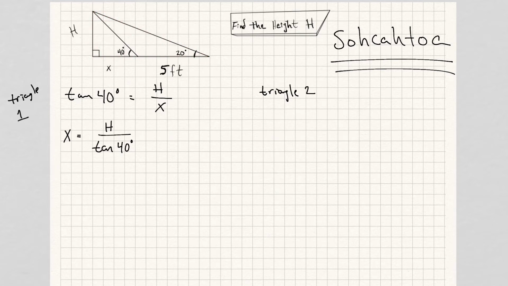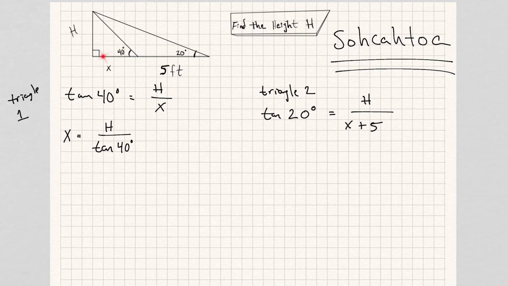For triangle 2, tangent of 20 degrees equals, remember once again, opposite over adjacent. Here's the opposite, here's the adjacent. That means h over x plus 5.